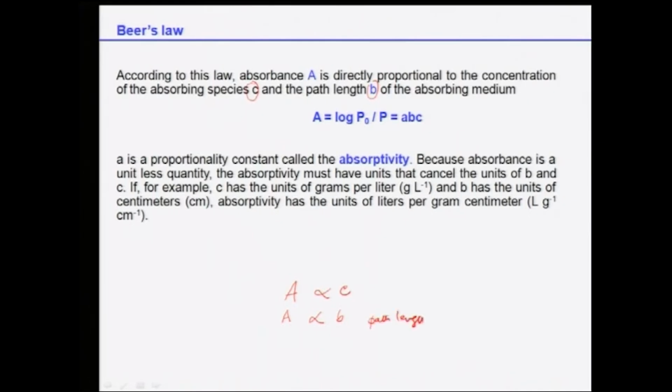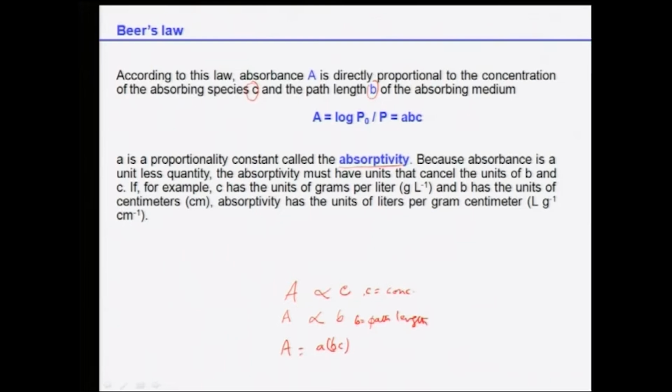So A can be written as A equal to a into b into c, where a is a proportionality constant, and this is known as absorptivity.